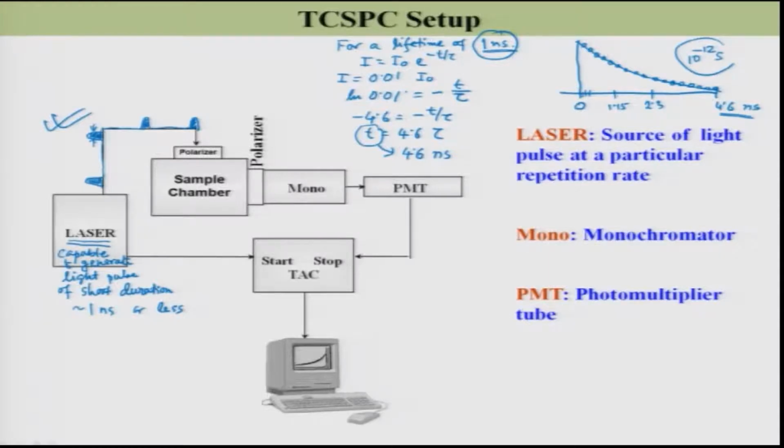I will get a series of such pulses, and that series of pulses can be defined by its repetition rate. For example, if the time between two successive pulses is T r, and the pulse width is T p, then by defining these two quantities, T r and T p, I will be able to characterize such light.